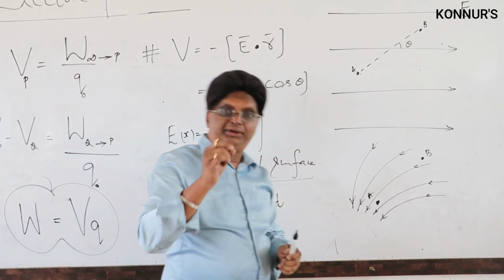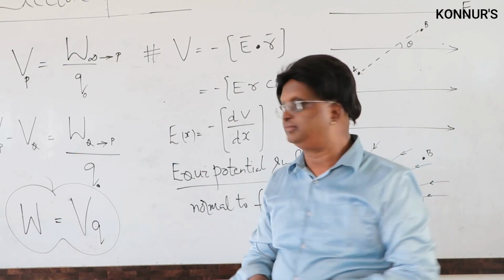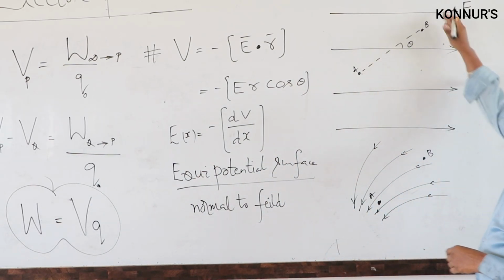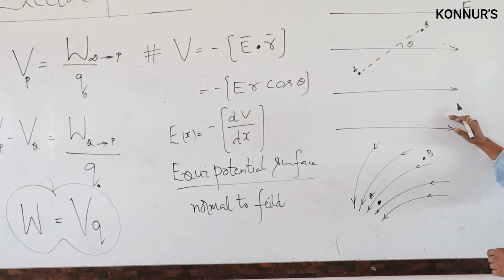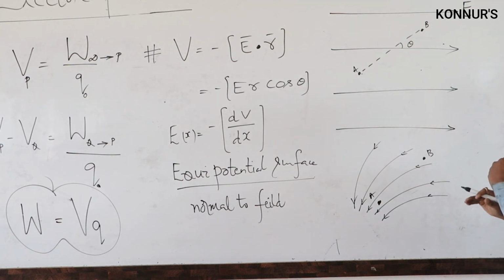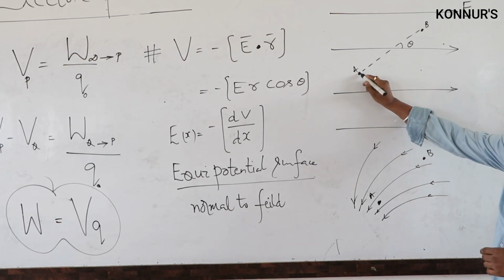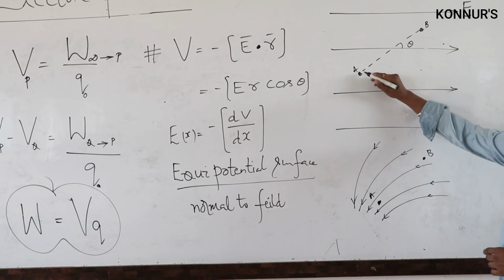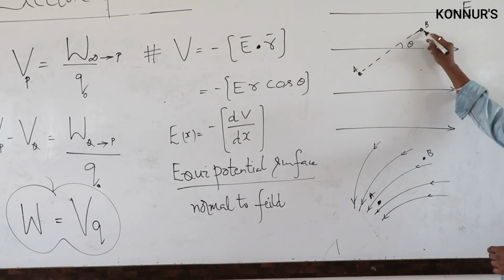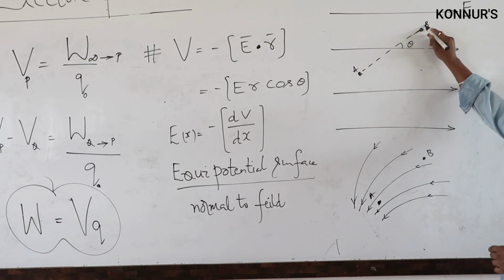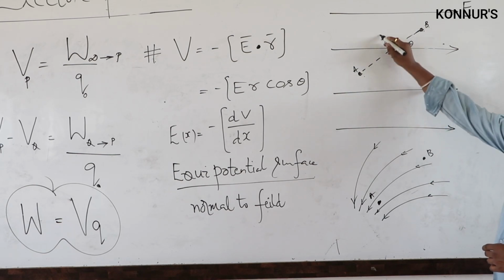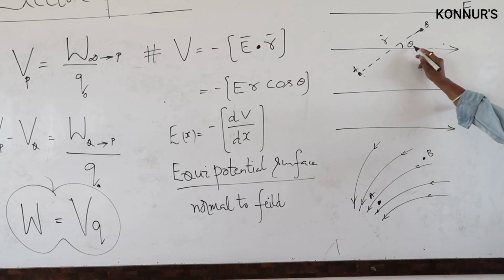To understand that theta term and the significance of theta, please look at this figure. Here I have shown an electric field, which is a uniform electric field directed towards the right hand side, and I have noted 2 points. Suppose A and B are 2 points, not charges, and this is the line joining the 2 points, such that this vector is R bar, and this is the field vector, theta.